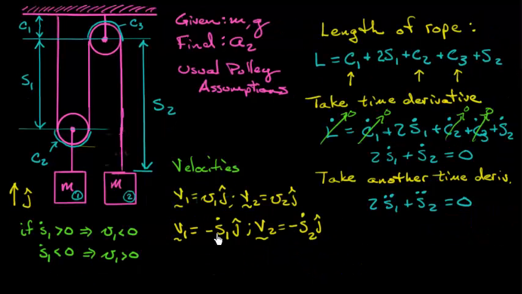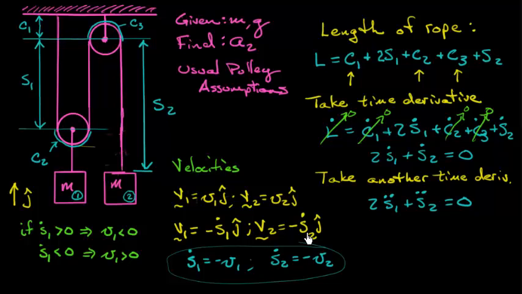So now I can make the observation, looking at these components of V1, which are the same vector V1, I can say that S1 dot is just minus V1, and S2 dot is minus V2, right? Now I can take these two relationships and substitute them into equation number star over here.